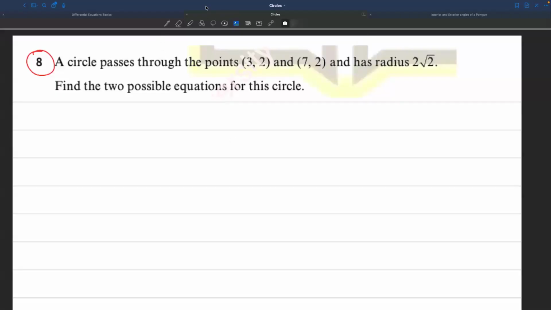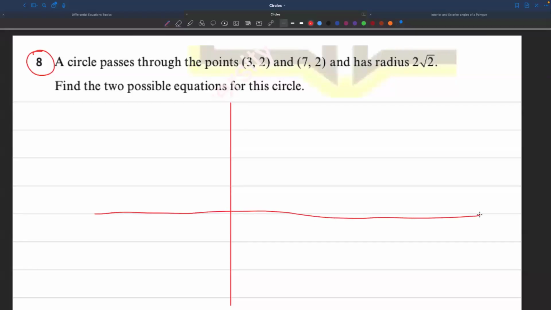the circle passes through the point 3 comma 2 and 7 comma 2. Oh, very important point. You know what is the important point? 3 comma 2, let's say this is 2, and 7 comma 2. It is very similar to the previous question.